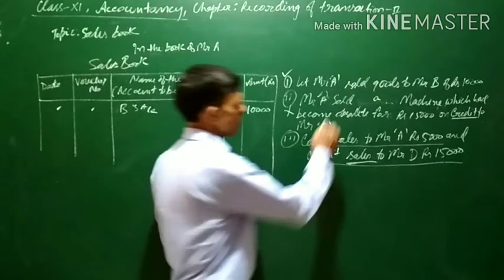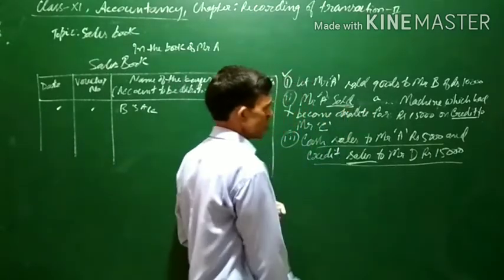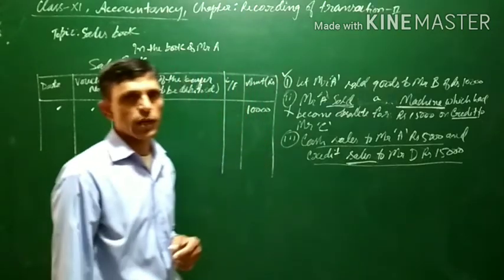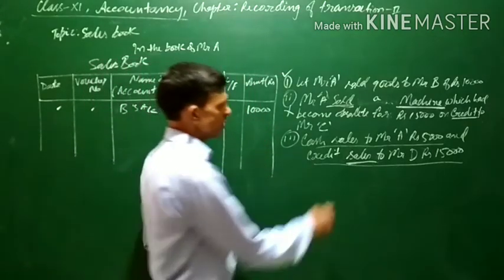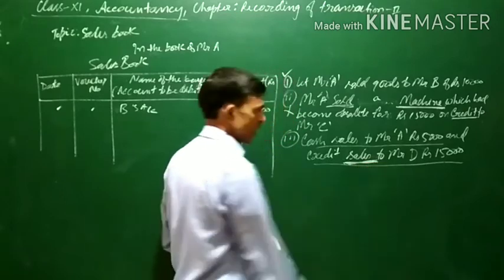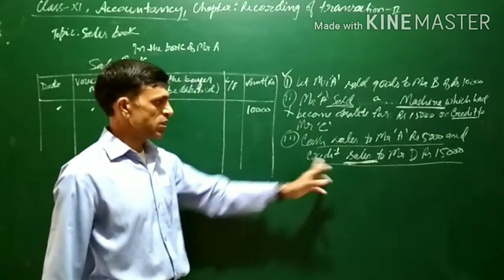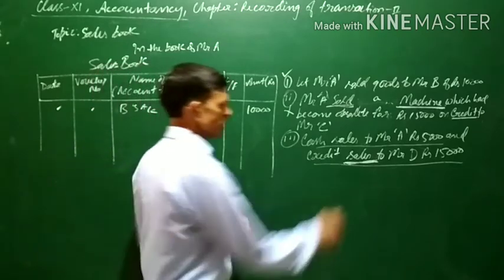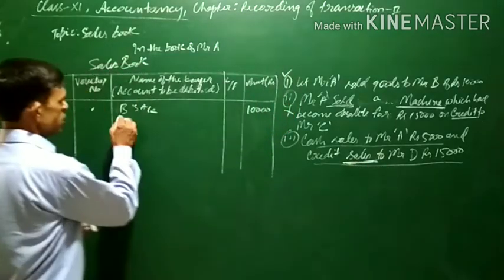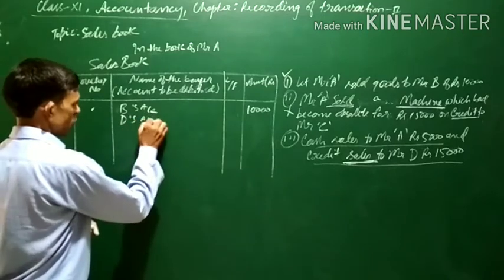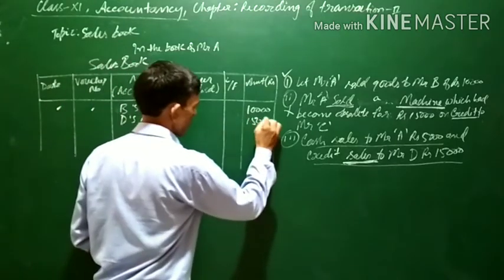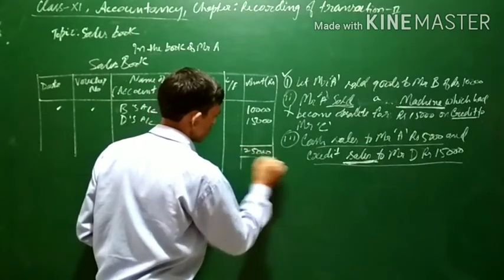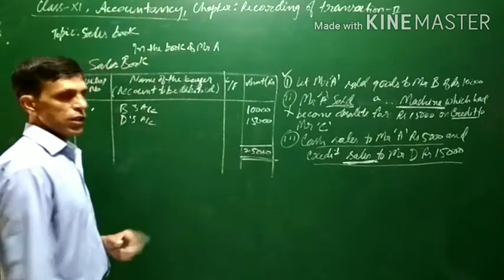Since it is clearly mentioned that Mr. A sold a machine, that is not goods in which the business deals. But here it is only mentioned that there is a credit sale to Mr. D, so it means this sale is related with the goods in which the business is dealing. So this will be recorded, and here Mr. D's account, 15,000, will be written.